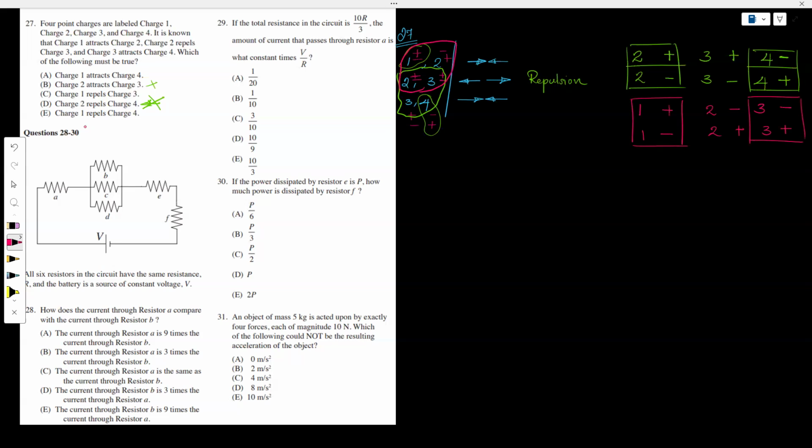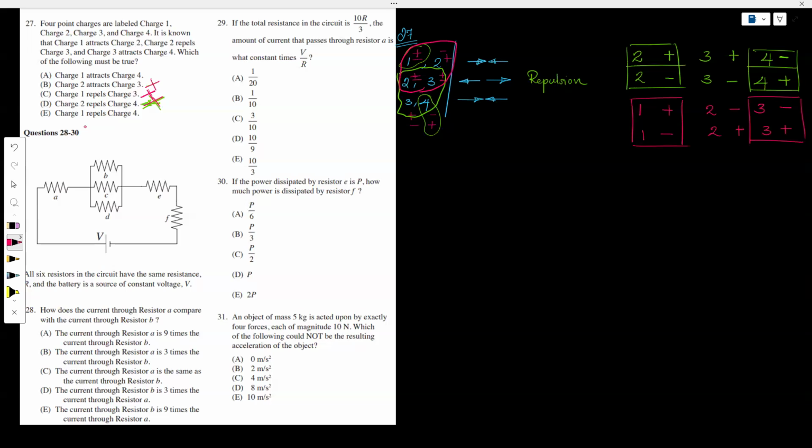So when charge 1 is positive, charge 3 is negative. If charge 1 was negative, charge 3 is positive. So what is going to happen? They are going to attract. So that answer is also wrong. So we know this is wrong, this is wrong, this is wrong. So it is either 1 or 4.